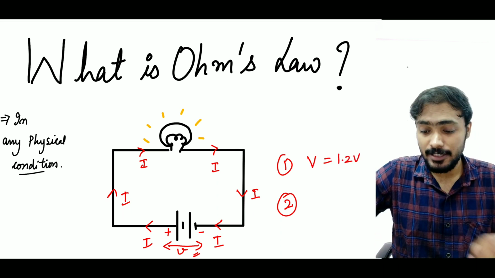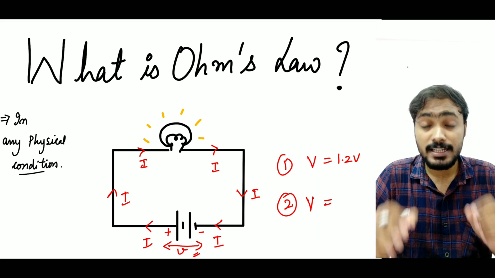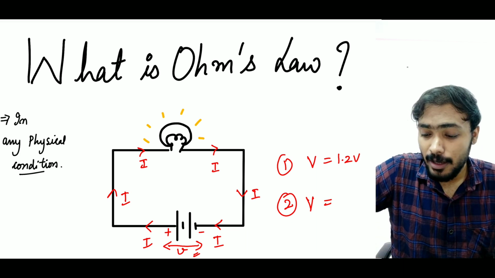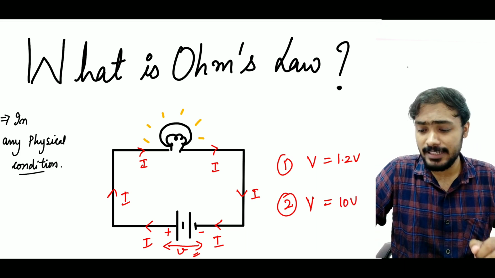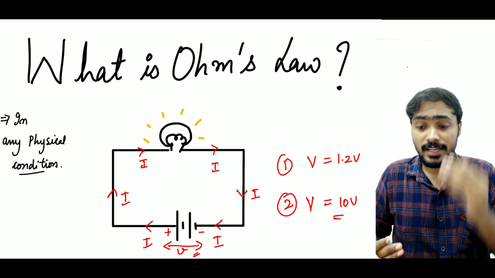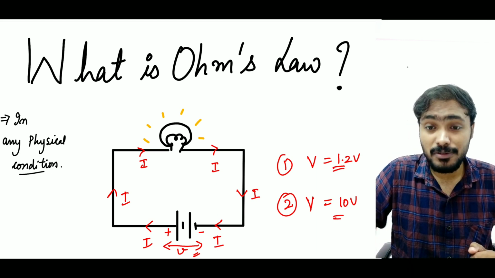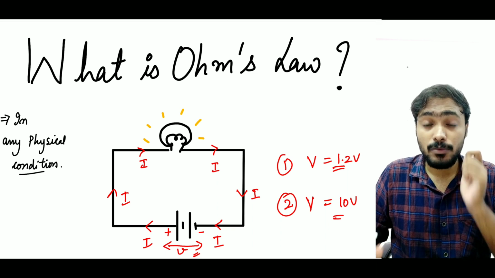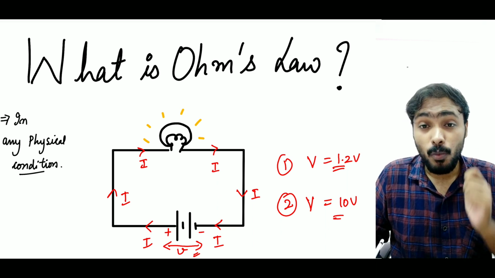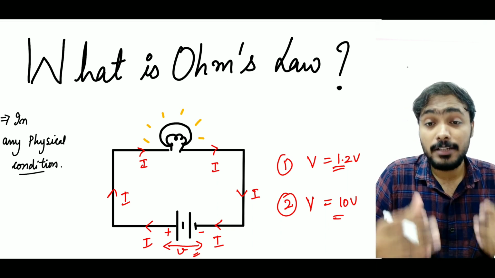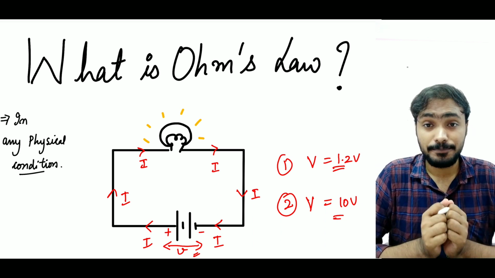In the second scenario, let's say the potential difference across the bulb is approximately, just as a simple example, 10 volt. So one is 1.2 volt, another one is 10 volt. Now I would like you to answer in which situation the bulb will glow brighter.